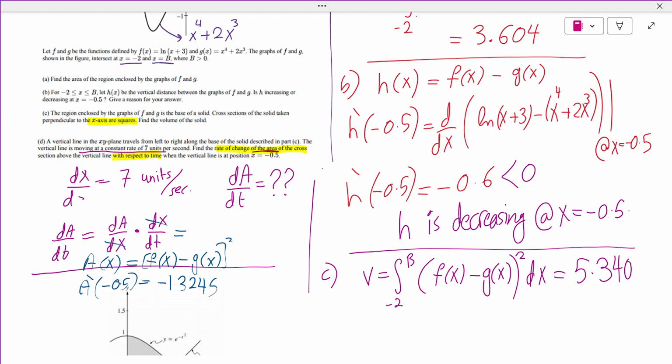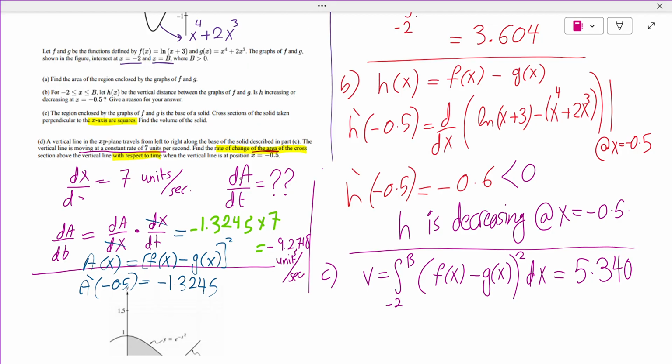So this value, I'm going to write it here, negative 1.3245, and then I will multiply it by dx over dt, which is 7. So what do we get? We get negative 9.2718, which is unit squared per second. Okay, so this is part D.